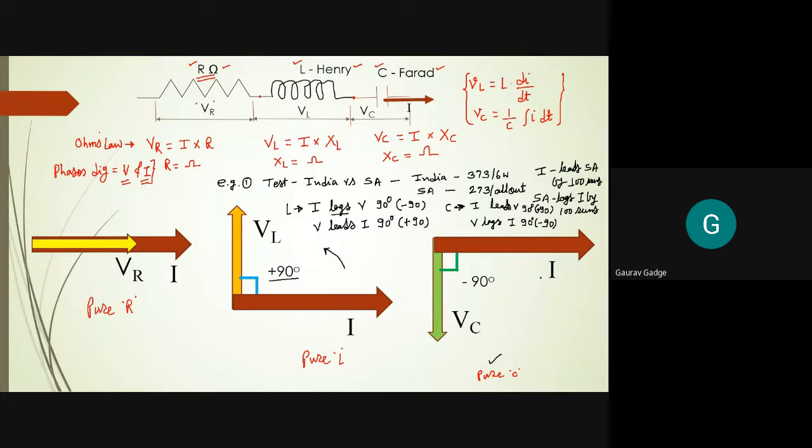Now see the format for pure capacitor. VC lags current by an angle of 90 degrees. When you go in the clockwise orientation, you get this. When you go in the anti-clockwise direction, the statement is that current leads the voltage.